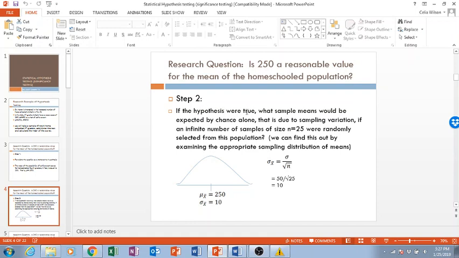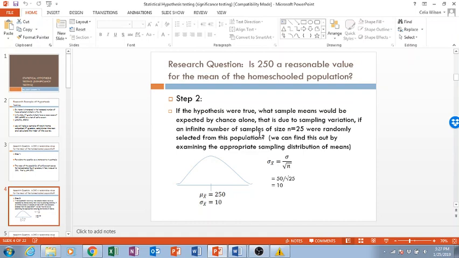So if that hypothesis were true, what sample means would be expected by chance alone? That is due to sampling variation if an infinite number of samples of size 25 were randomly selected from this population. Well, we can figure that out, okay?